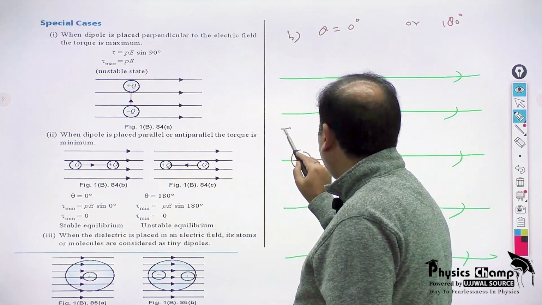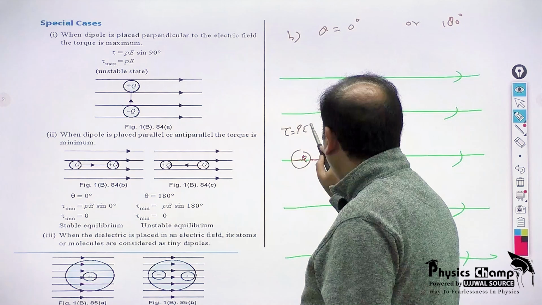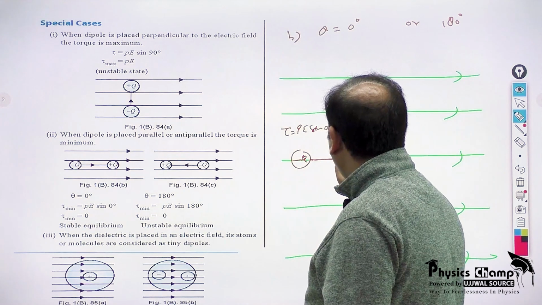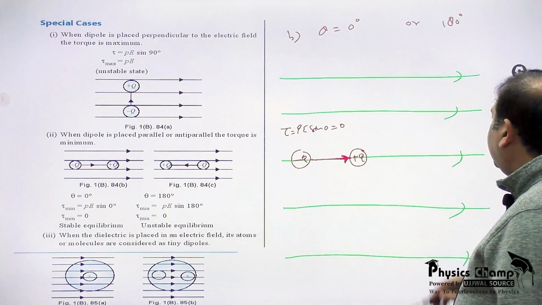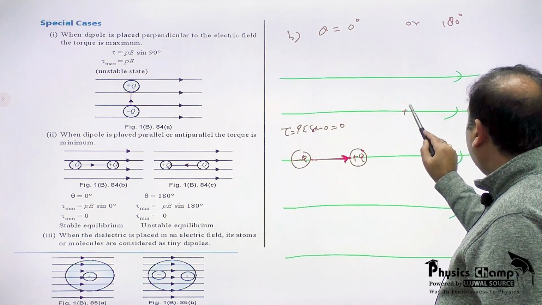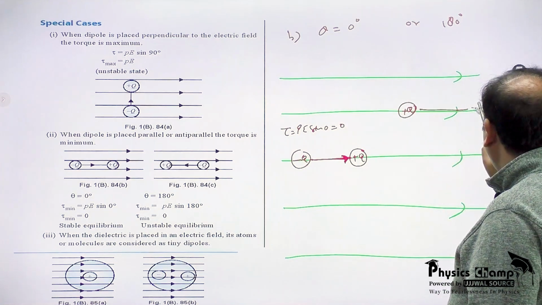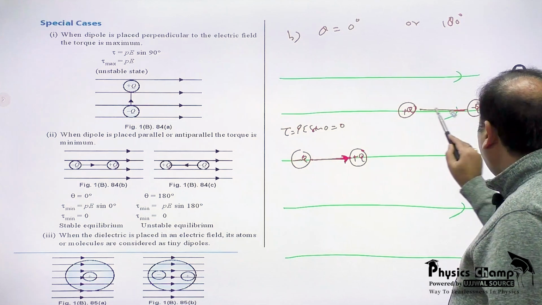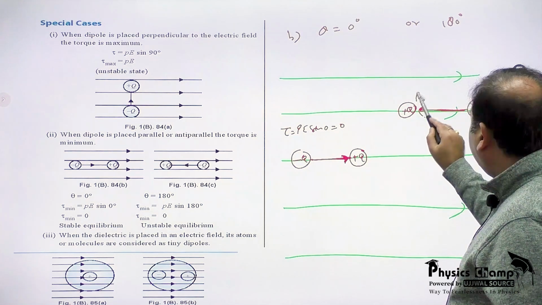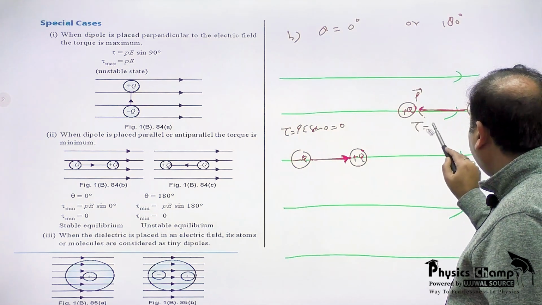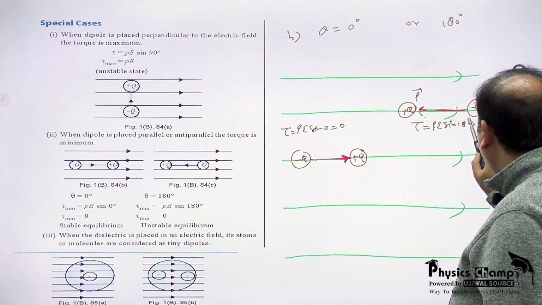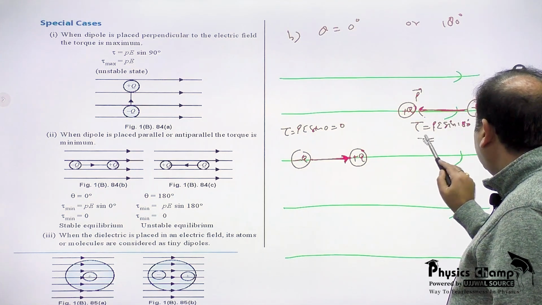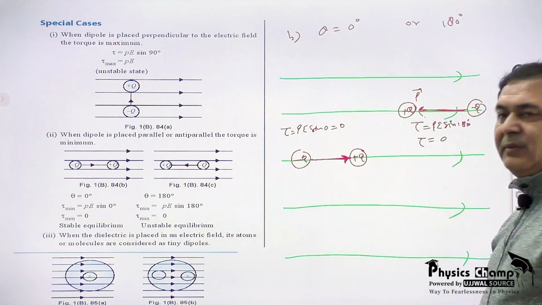So the torque will be PE sin 0. It will be 0, minimum torque. And the other situation which I am showing here: you have a minus Q here and the dipole moment is here, P. So here the torque will again be PE sin 180. So when it is anti-aligned, there also the torque will have a value 0.